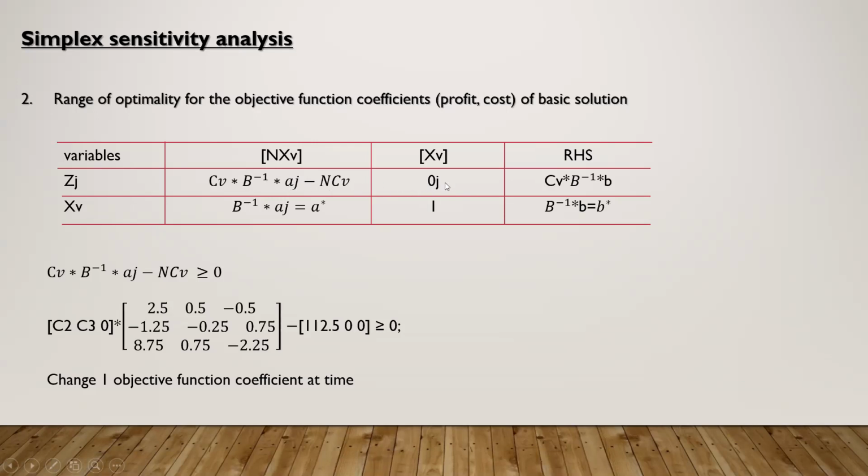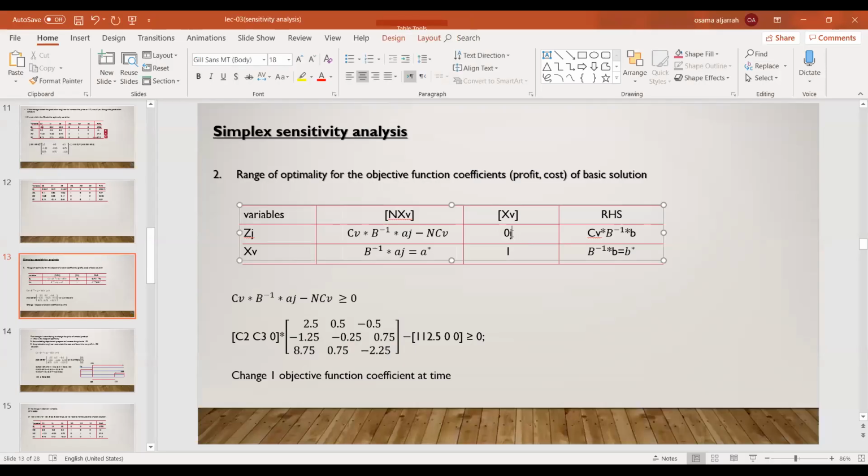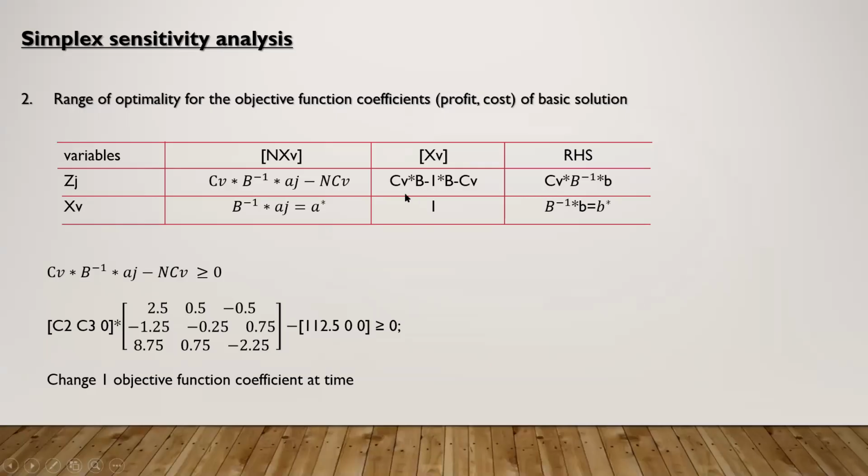If I want to put it here, this matrix basically will be CV multiplied by B inverse multiplied by B minus CV. When you look at this matrix, B inverse by B will be the identity.